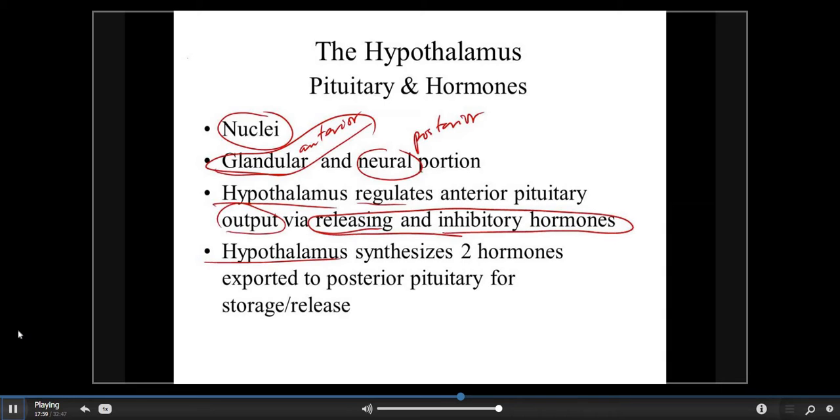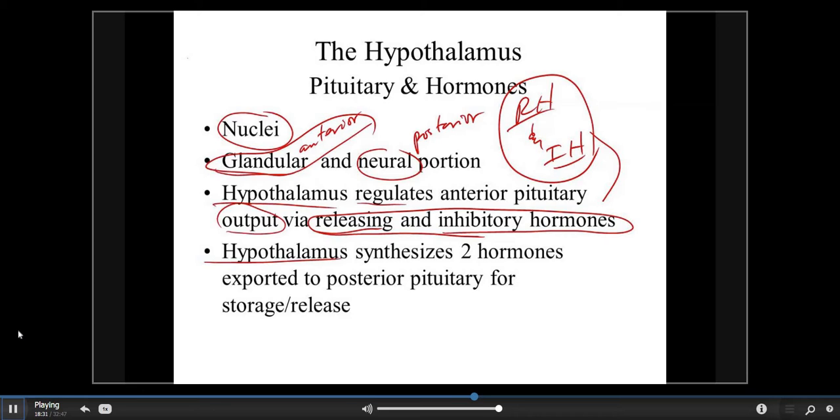So you have RH and IH, and you have some nuclei in the hypothalamus that produce these hormones. Or I should say, releasing and inhibitory hormones are involved in the secretion of hormones that are produced in the anterior pituitary.